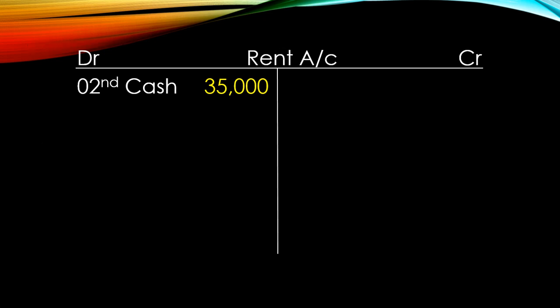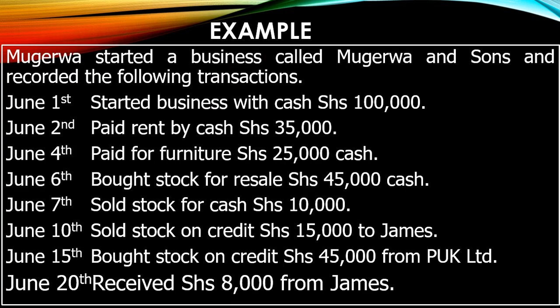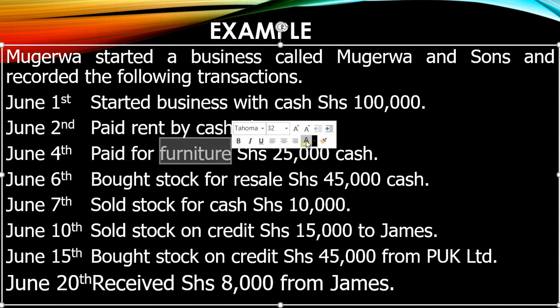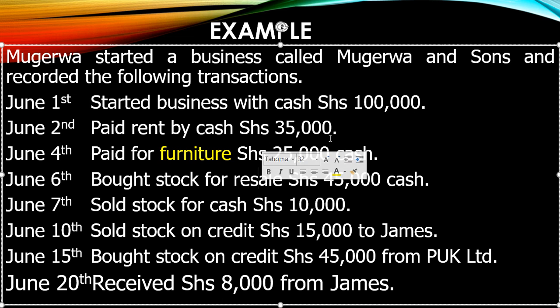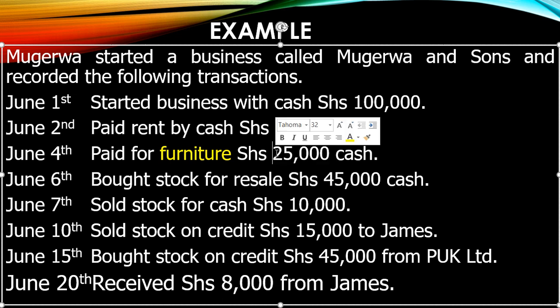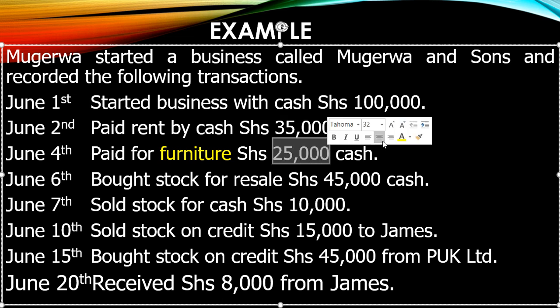Every transaction must be recorded twice. So let's go now to the transaction that happened on the 4th. Paid for furniture, 25,000 by cash. Furniture is an asset. Now, cash is a current asset also.